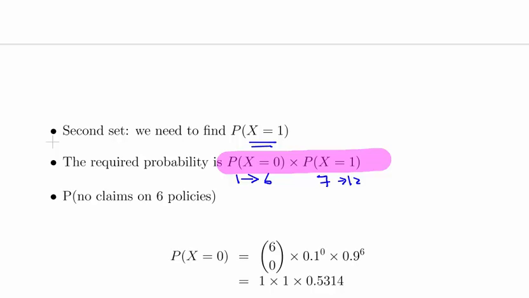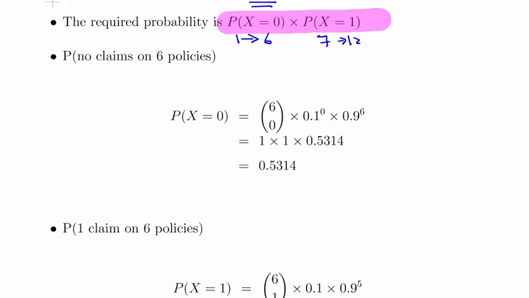Okay, so essentially what we're going to do is use the binomial formula that we have. 6 choose 0, that's actually equal to 1. So that's 6 factorial divided by 6 factorial over 0 factorial. Or actually, I should have put it the other way around, 0 factorial divided by 6 factorial. Anyway, 0 factorial is equal to 1, and 6 factorial divided by 6 factorial is also equal to 1.